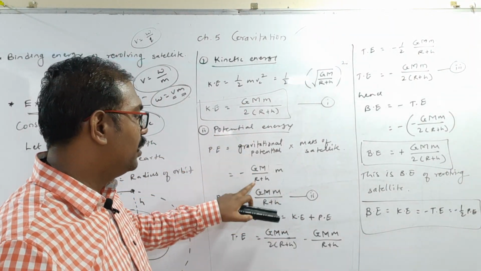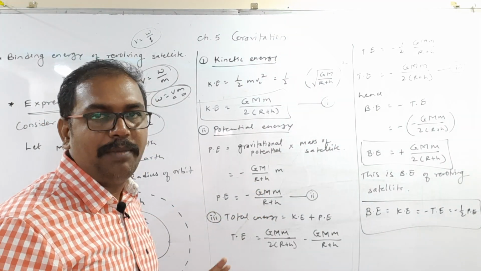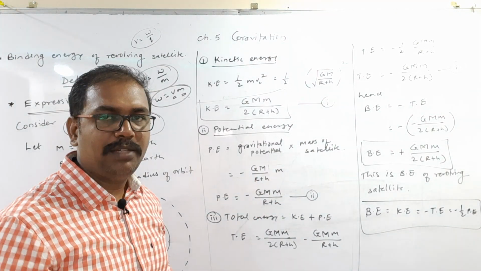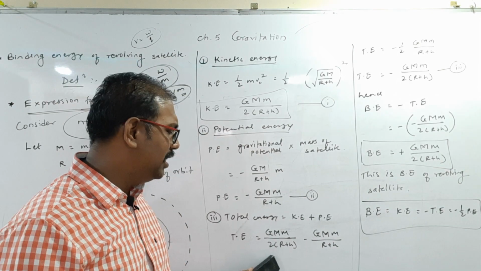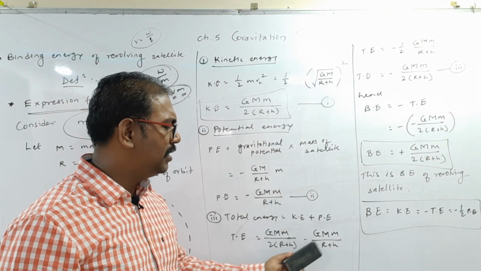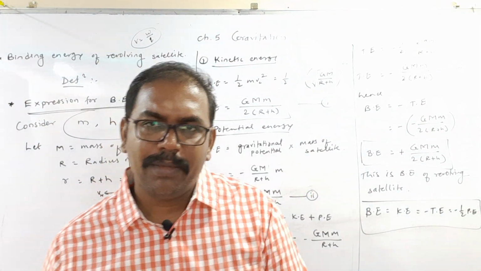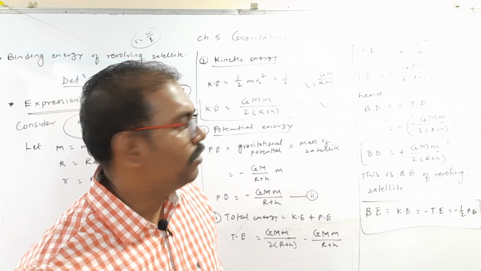Potential energy same. Then R plus H is not coming. It is on surface, it means that only capital R is coming. So GM divided by capital R into the mass of this pen. So you get potential energy and you add both the energies. Kinetic energy is 0. So 0 minus this GMm by R. So minus GMm by R is the total energy and GMm by R is the binding energy of this pen. So in that way also you can find out.